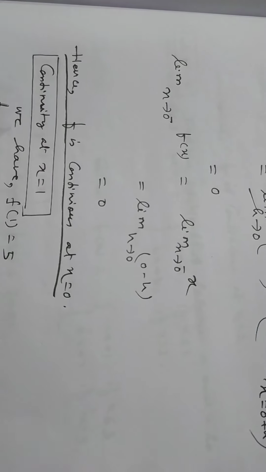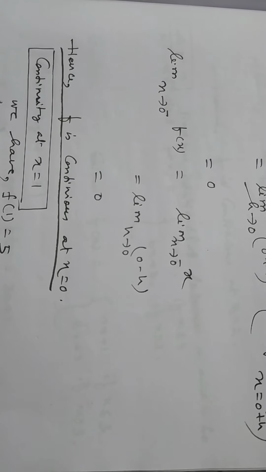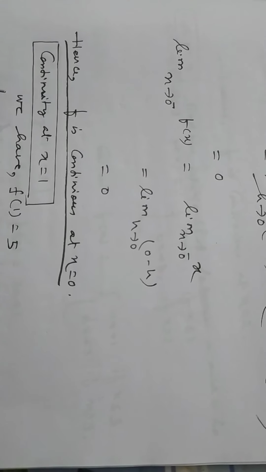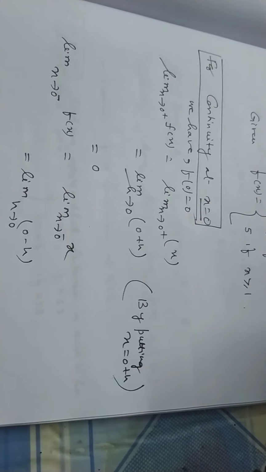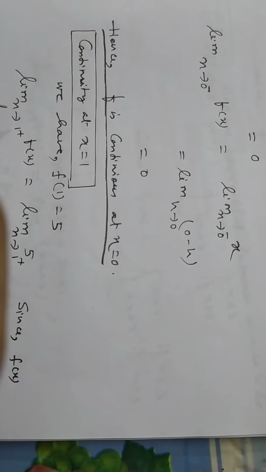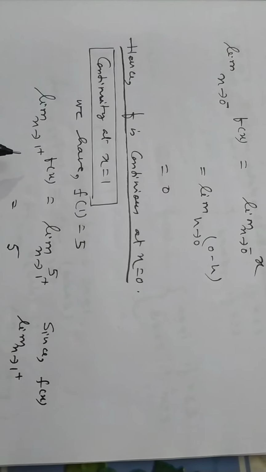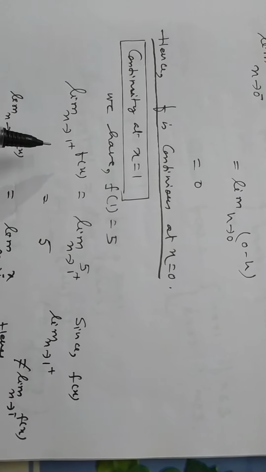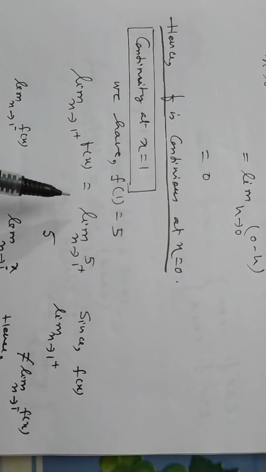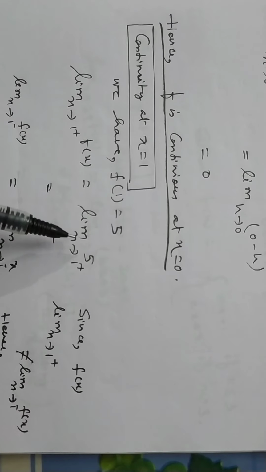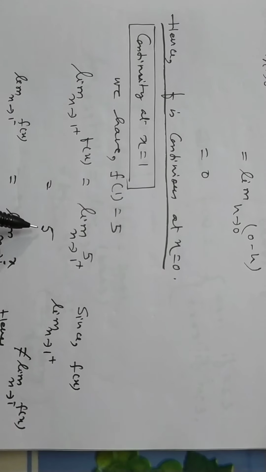Now my dear students, we want to check the continuity of the function at x = 1. What will be the value of the function at x = 1? Clearly it is 5. Now the right hand side limit at the point 1 is 5.